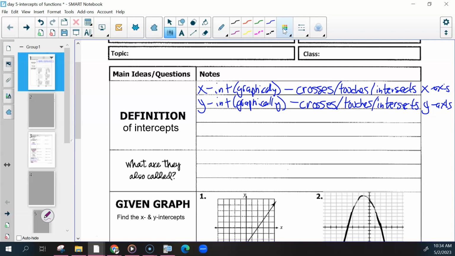Algebraically, it's where the opposite value is 0. So for your x-intercept, algebraically, your y value is 0.